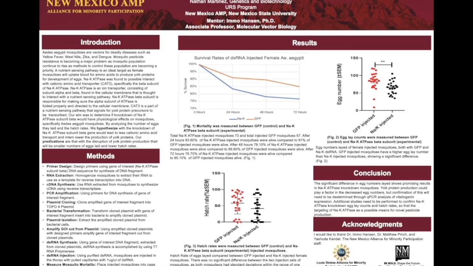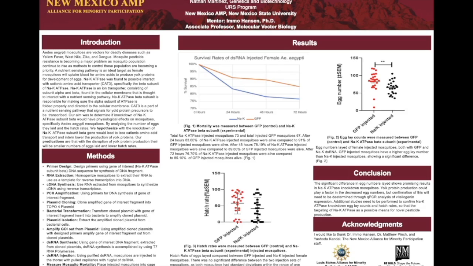And finally, at our 72-hour period, we can see that 76% of our sodium potassium injected mosquitoes were still alive compared to around 85% of GFP injected mosquitoes. So roughly a 10% difference between the two injections. If we move to figure 3, we can see the egg lay counts that we observed from our two groups.